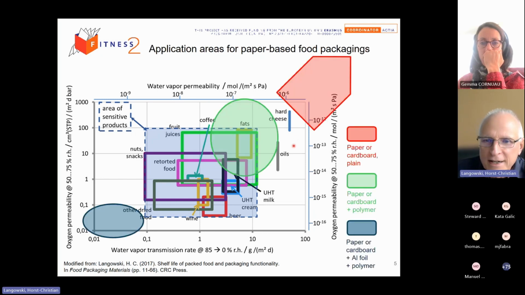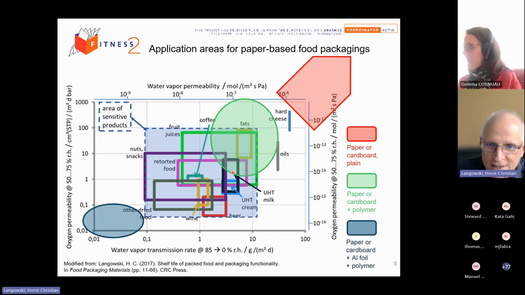Just to break that down into the area of paper packaging, we have one area of foods that don't need any barrier at all. But this is only a very small minority. We have some intermediate sensitive products which can be protected by paper or cardboard together with a polymer.